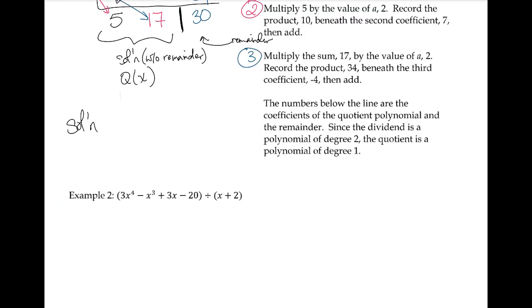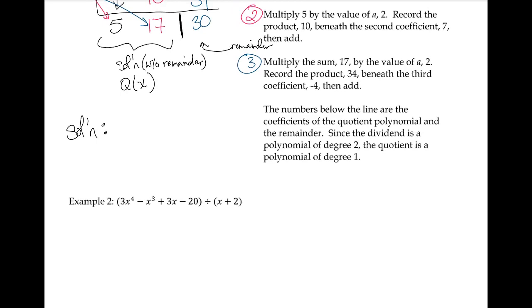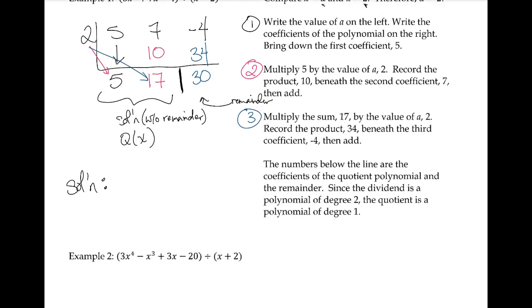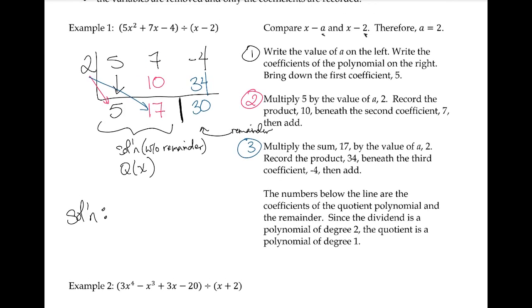So with all of that in mind, I know it's a lot, my solution would be 5, and then it would be 5x and not 5x squared, because 5x squared was my original polynomial that I was dividing, so I should decrease my power by 1. And then my second term would not have an x at all because we always decrease by a power of 1, so it should be just plus 17. And then my remainder would be 30 over x minus 2, and that would stay the same. I'd reintroduce that binomial again.